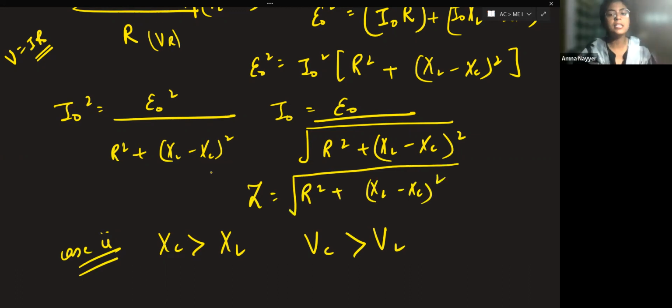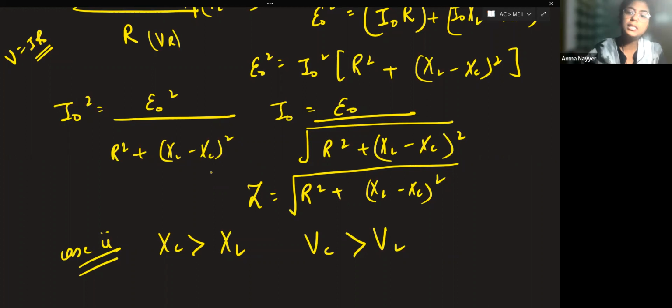Why? Because I is equal to V by R. The way we had I naught equal to E naught divided by XL, or I naught equal to E naught divided by XC, we concluded that XC and XL are resistors, so definitely they will be performing the functions of resistance. Similarly here, I naught is equal to E naught divided by under root R square plus XL minus XC whole square.